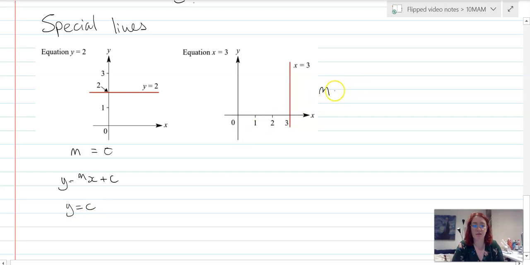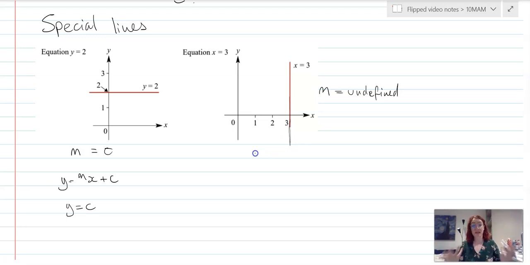In terms of a vertical line, your gradient is undefined. And we're effectively going to do exactly what we've got for our horizontal line, but instead of y, we've got x, because we're literally just saying that at all times, that line has an x value of 3. So whatever the x-intercept is for that line, that's what you're going to have, your x equals that value.